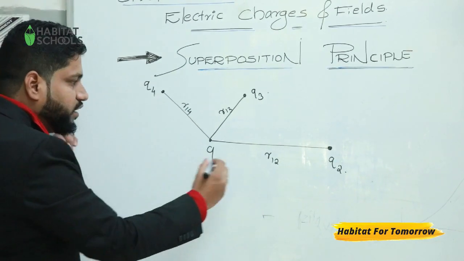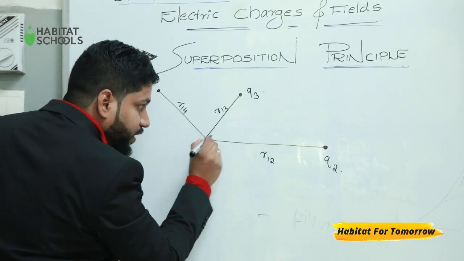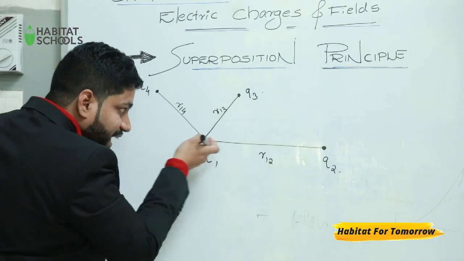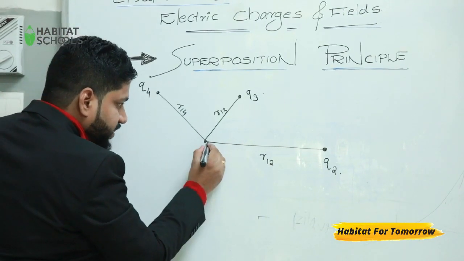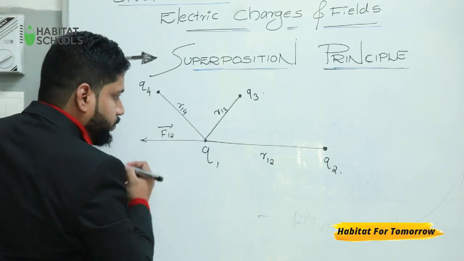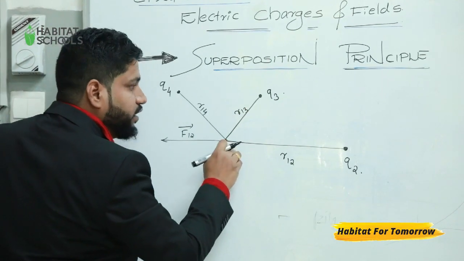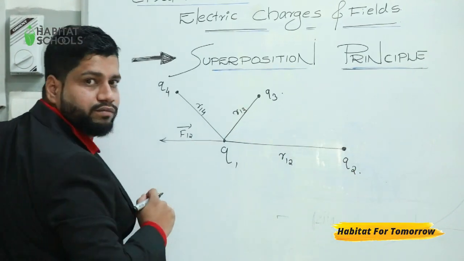In the first case, the force on Q1 due to Q2 has a direction here, that is F12. What is F12? The force on charge Q1 due to charge Q2.